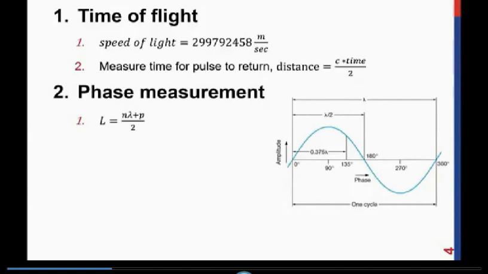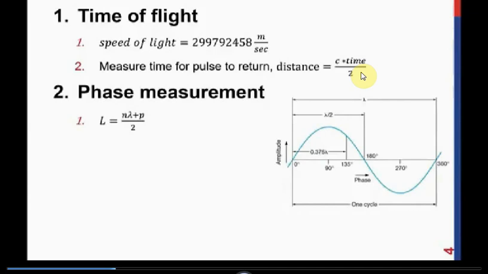It uses a simple technique: velocity is given by distance divided by time. So distance will be equal to velocity multiplied by time. So distance is equal to velocity c multiplied by time. Now time is taken as t by 2, because we are measuring the time taken by the pulse to travel from the device to the reflector and back again to the device.